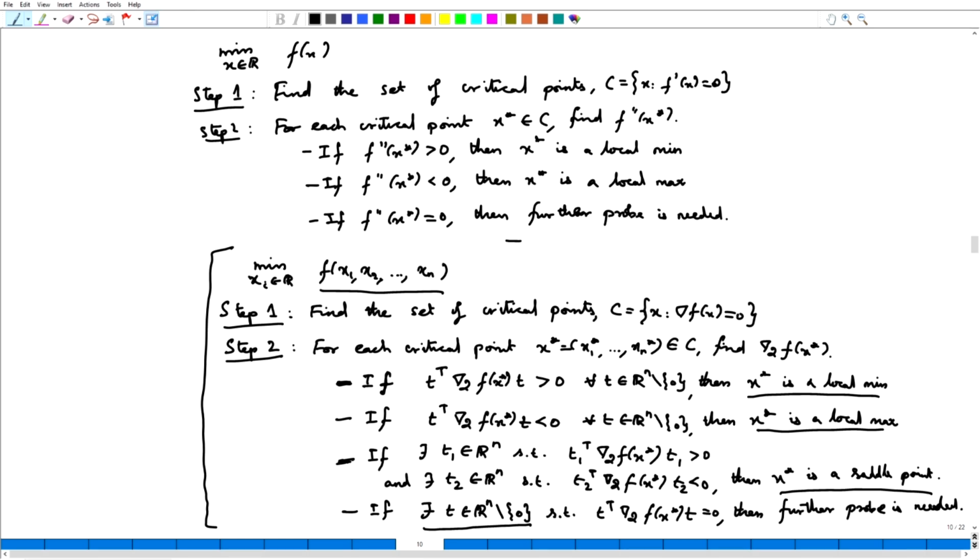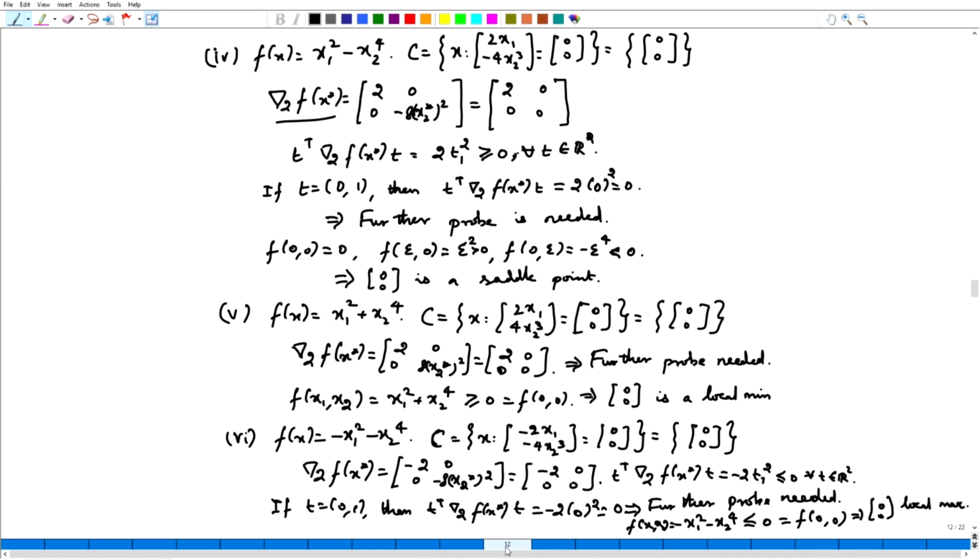But if it turns out that there are certain t for which the quantity is equal to 0, then further probe will be needed. And we actually saw examples where there was a non-zero t for which t transpose del 2 f of x star t is equal to 0.